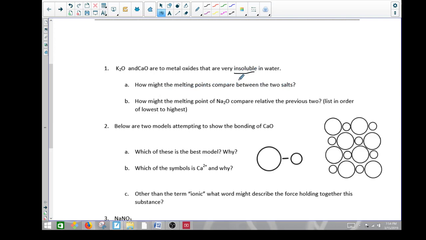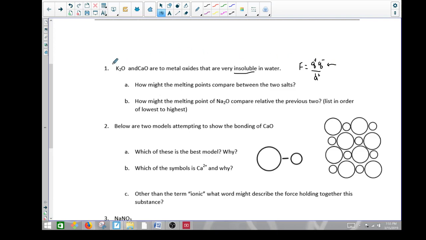When answering this question, I would often say, how do the melting points compare between the two salts? Justify using Coulomb's law. Coulomb's law says the force of attraction is equal to the charge of the cation times the charge of the anion, divided by the distance squared. So the first thing we go to is the charges.